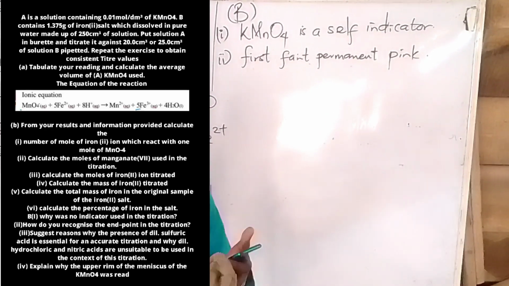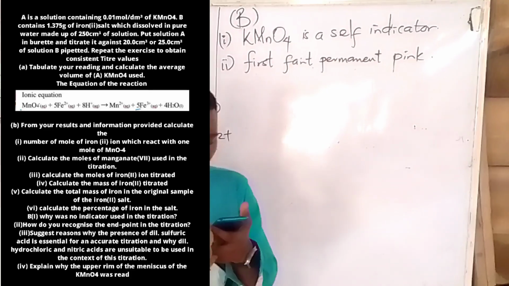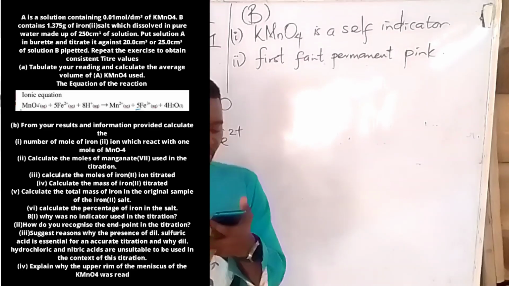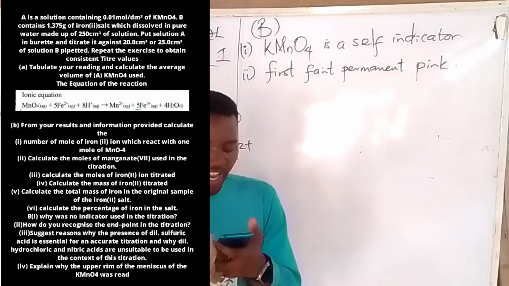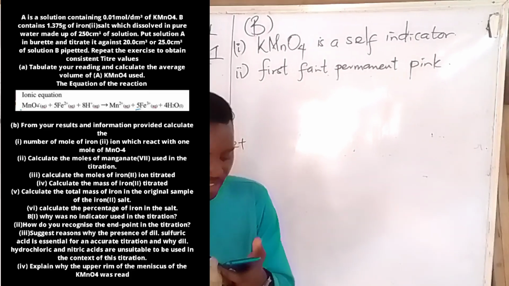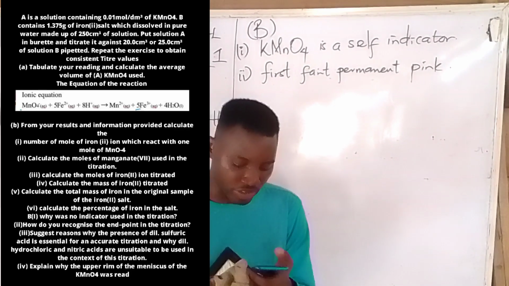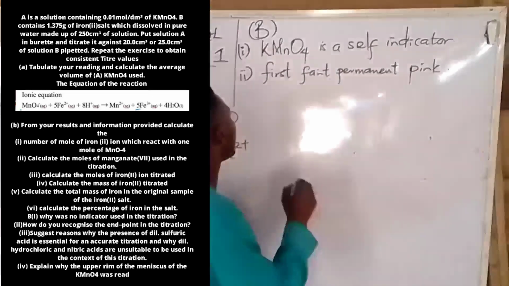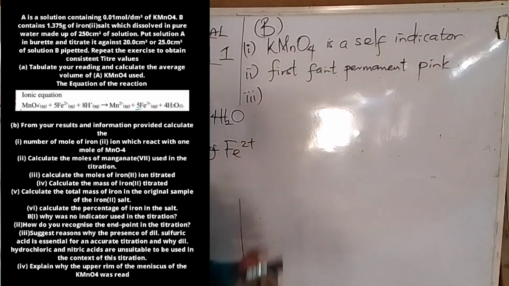Now another question is, suggest a reason why the presence of dilute sulfuric acid is essential for an accurate titration, and why dilute HCl and nitric acid are unsuitable to be used in this titration. That is Roman figure 3 of this part, so you have to suggest the reason.